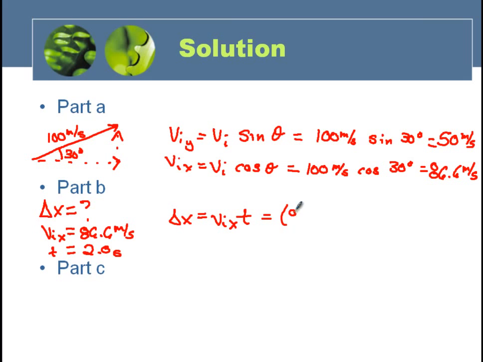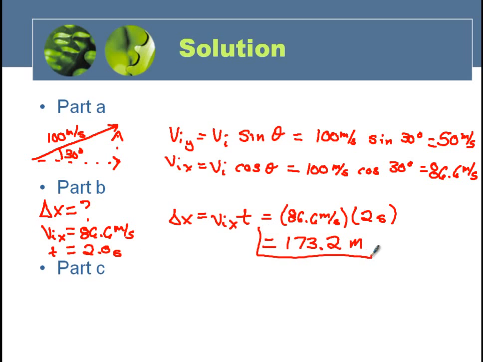Plug in our numbers, 86.6 meters per second times 2 seconds, and you get 173.2 meters. We'll double check that. Yeah, 173.2 meters. So that's how far it traveled after 2 seconds.